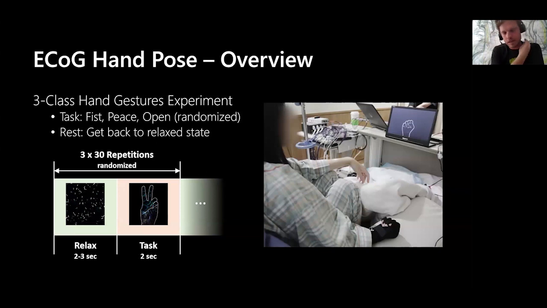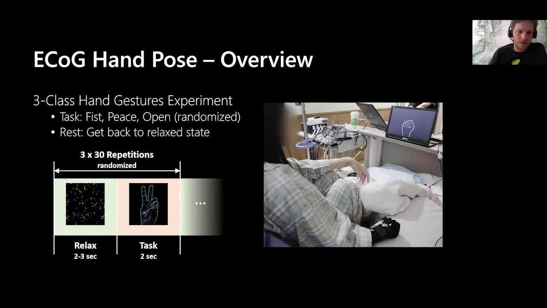This experiment was cued by visual stimuli, where we had a series of relax and task stimuli. The relax stimulus just showed a scrambled picture, as you can see here. This relax period was randomized between 2 and 3 seconds.